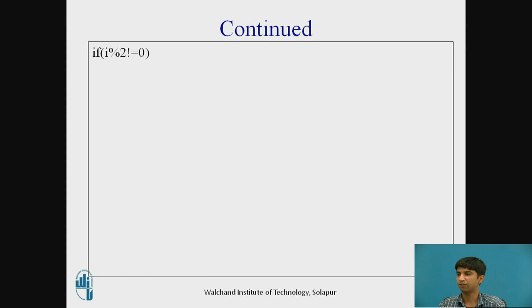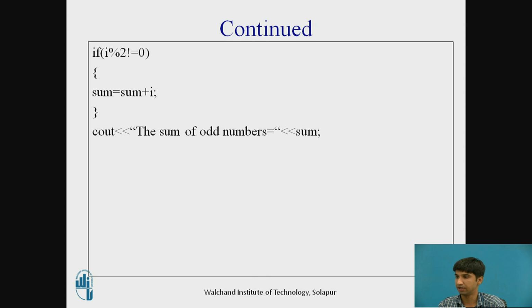For 3 modulus 2 not equal to 0, 3 divided by 2, I will obtain the remainder as 1. So now I'll get into sum equal to sum plus i. So it will be sum equal to 0 plus 1. Then afterwards cout, sum of the odd numbers, I will print it. Then getch, I'll be printing the value on the screen.